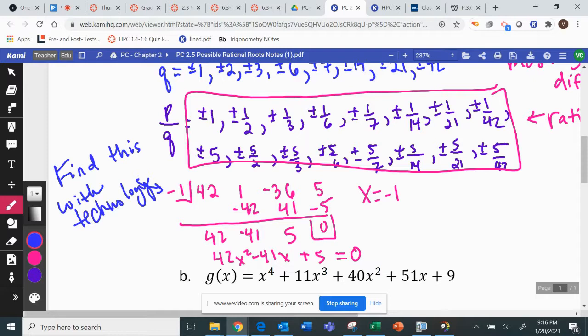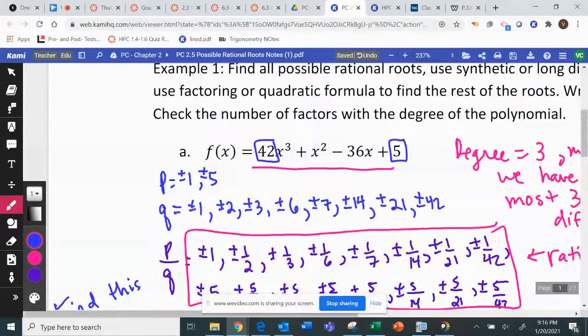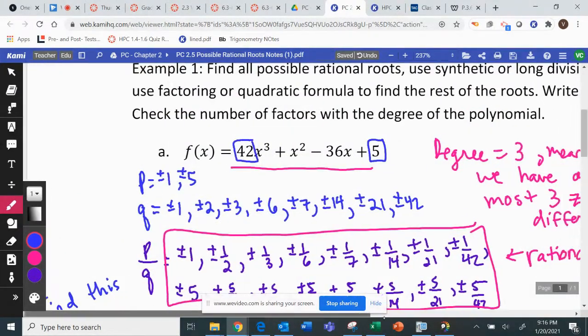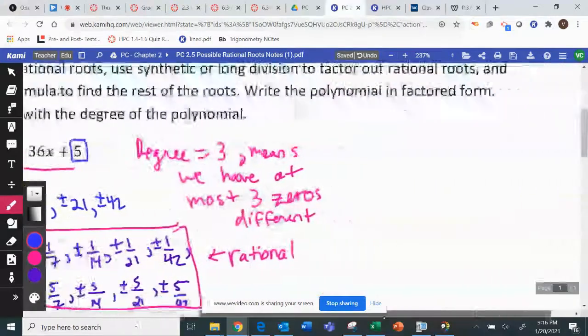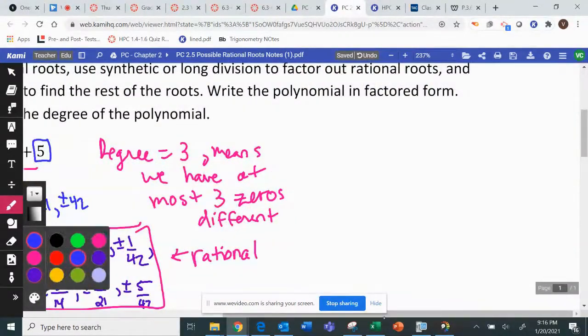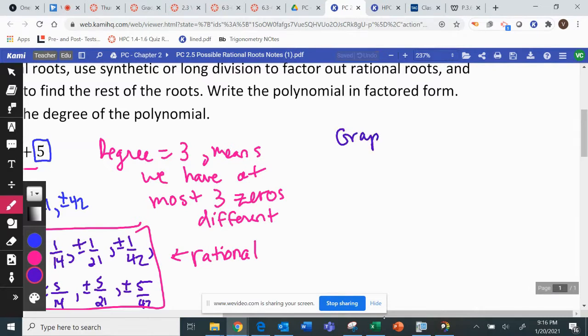So on your previous lessons, the quiz that you just took, I gave you the first few zeros or the first few factors. This time I've given you none of the factors. So we're kind of starting this one with no help. So what we're going to do is we're going to go to our calculator and we're going to graph the equation on the calculator.